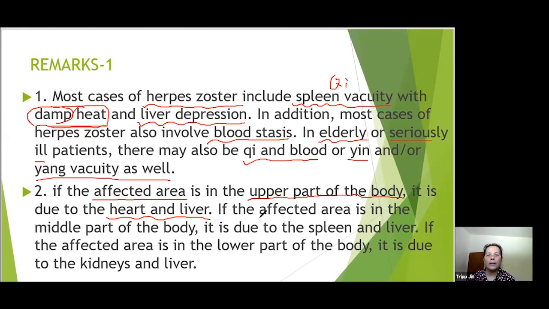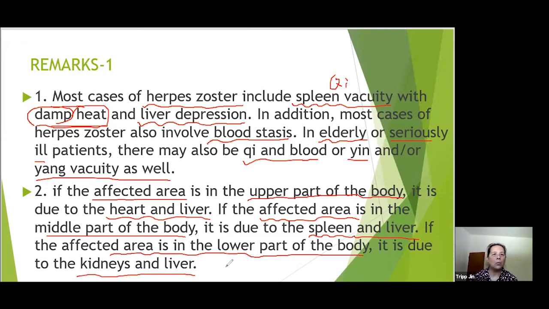If the sick area is in the middle part of the body, that may be related to the spleen and the liver. Like we talked about, the spleen belongs to the middle jiao, and the liver can affect all three jiaos, upper, middle, and lower. If the sick area is in the lower part of the body, that's mainly related to the kidney and the liver.